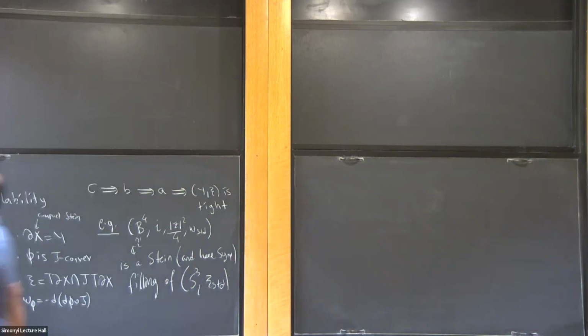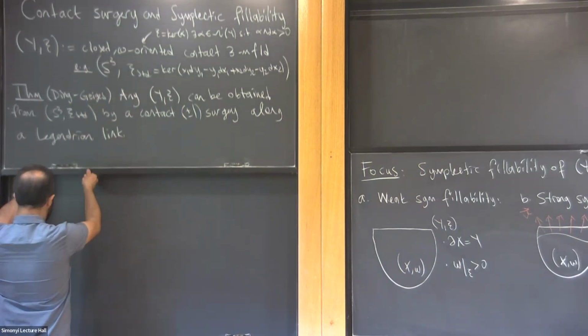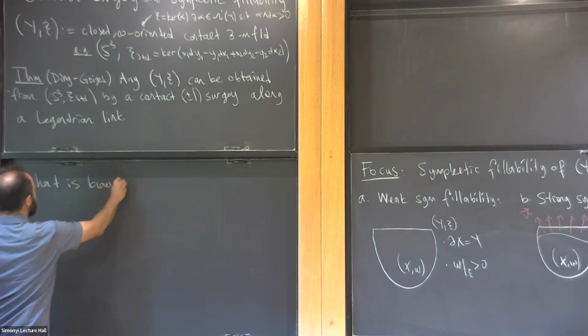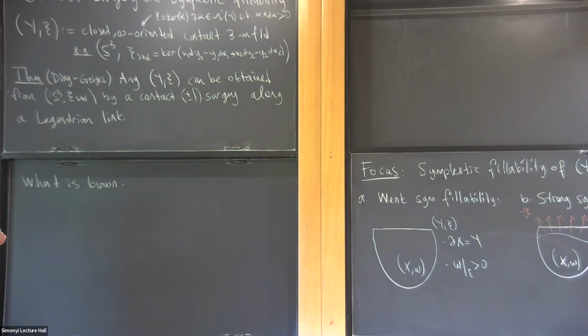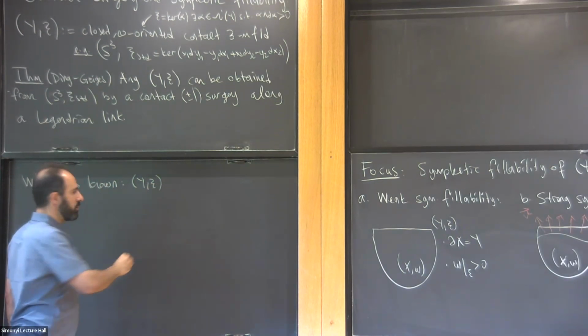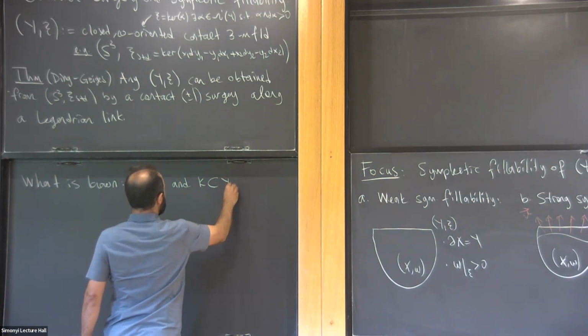Maybe I'll move on and state it here so that I can keep that section for results. So here's what is known about when fillability is preserved under various surgeries. The setup will be that I take Y to be a contact 3-manifold, and I take K to be a Legendrian knot inside this contact manifold.